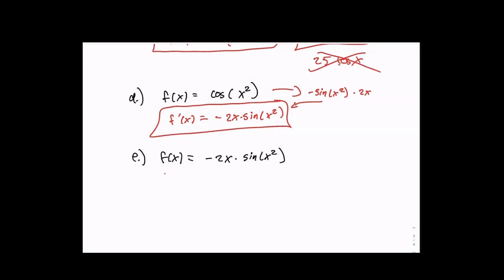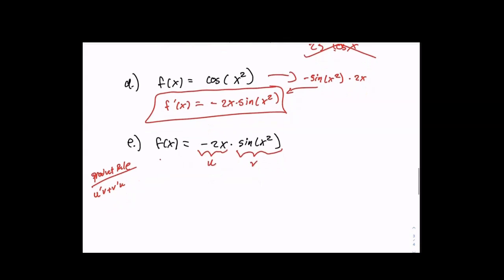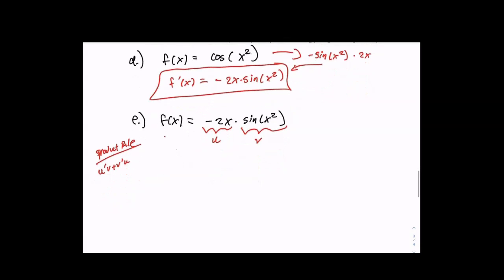Is it product? Yeah. This is a product rule. U prime V plus V prime U, okay? So, as such, I'm going to state that this is my U and this whole thing is my V. If you feel comfortable going directly to the derivatives and writing f prime of x equals, please do.